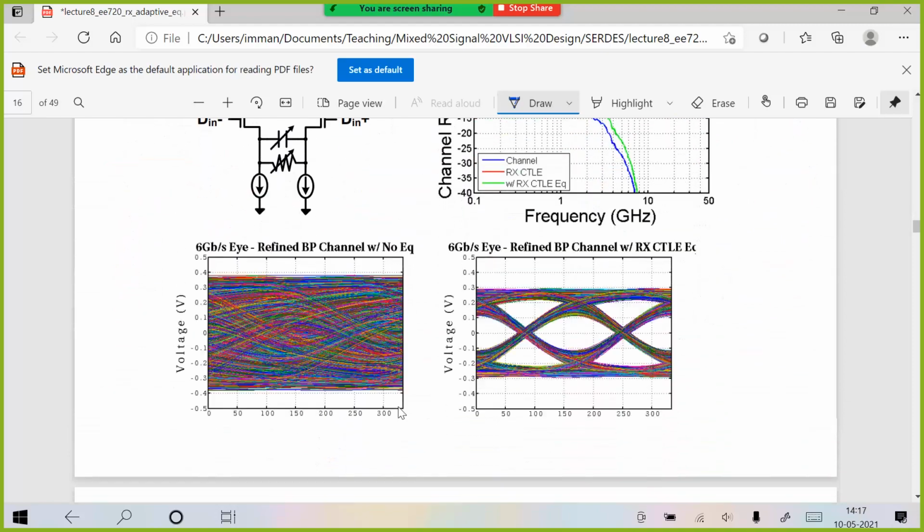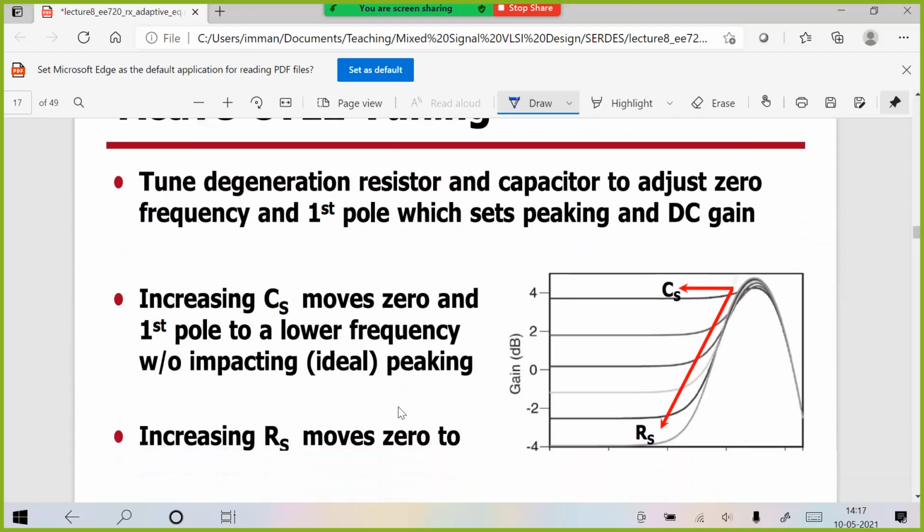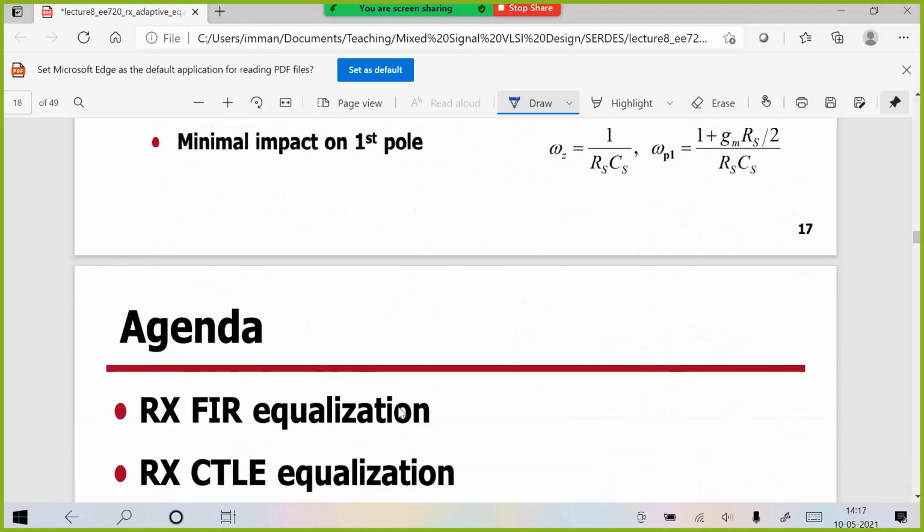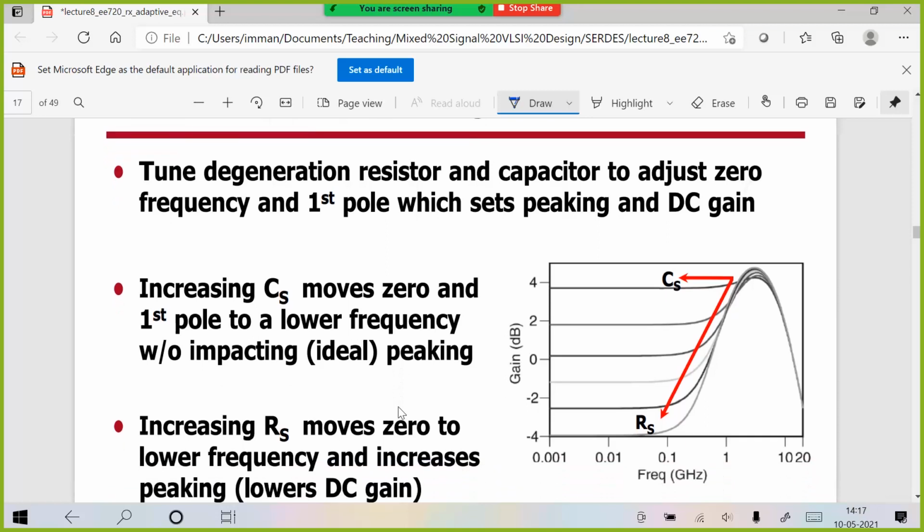All right. Now, what happens when you change these things? For example, as you change your CS, this kind of moves in this direction. As you increase your CS, the place at which it starts peaking starts moving in this direction.